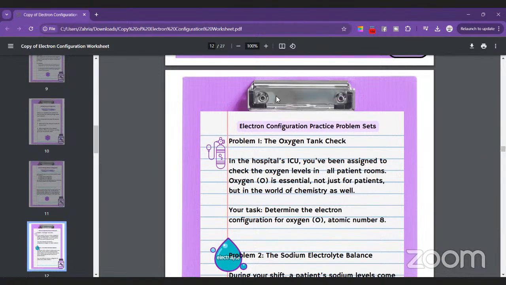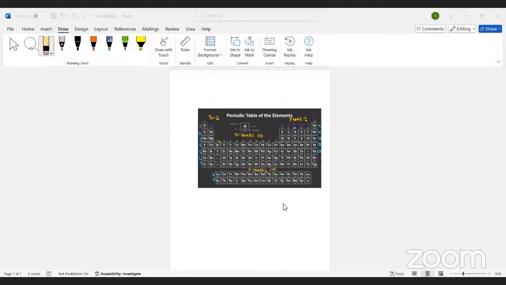I'll show you the answer in a second. Oxygen is in group 16.